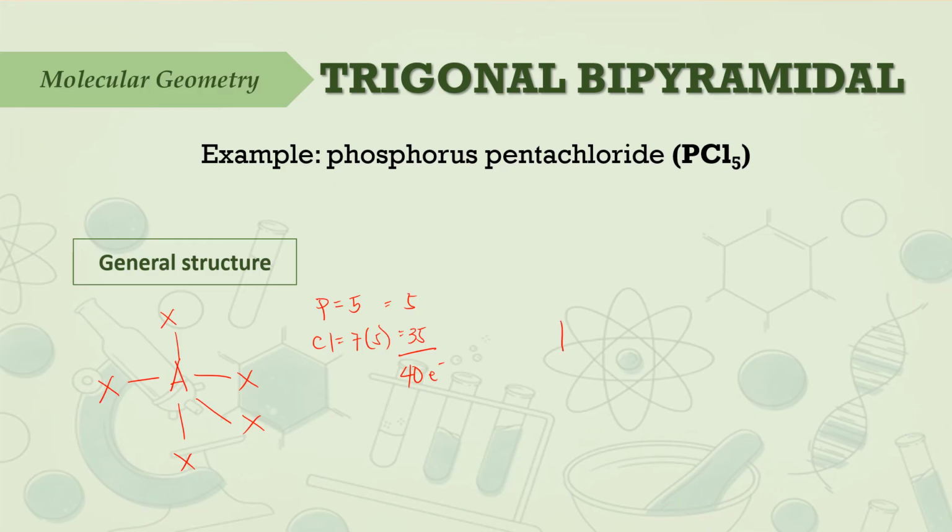We have P and then Cl, chlorine, chlorine, chlorine, and chlorine. So automatically, if that molecule has 5 attached atoms and it has exactly 40 electrons, then the geometry is trigonal bipyramidal. And then you complete the chlorine with 8 electrons.